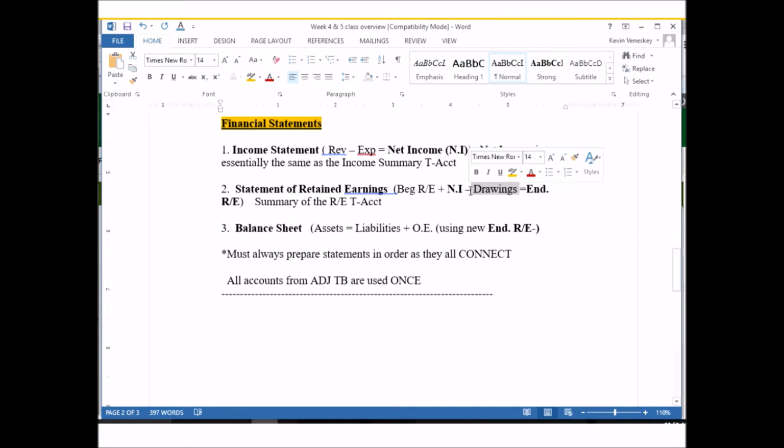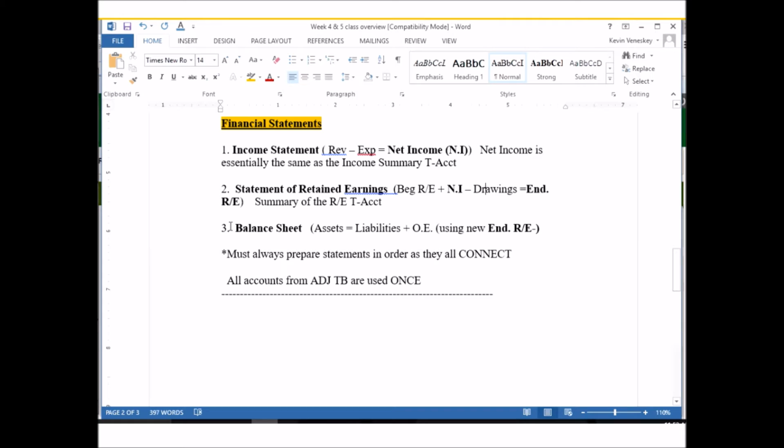And then we take away any drawings. We closed out our drawings. Same thing happens here. And we get our ending retained earnings balance. It's a very, very simple financial statement, but it is important to always have an updated retained earnings.